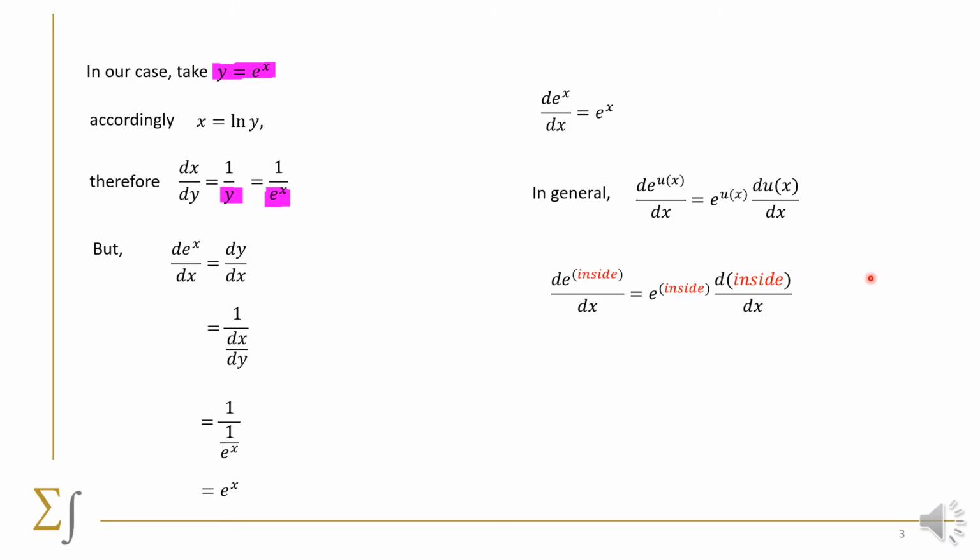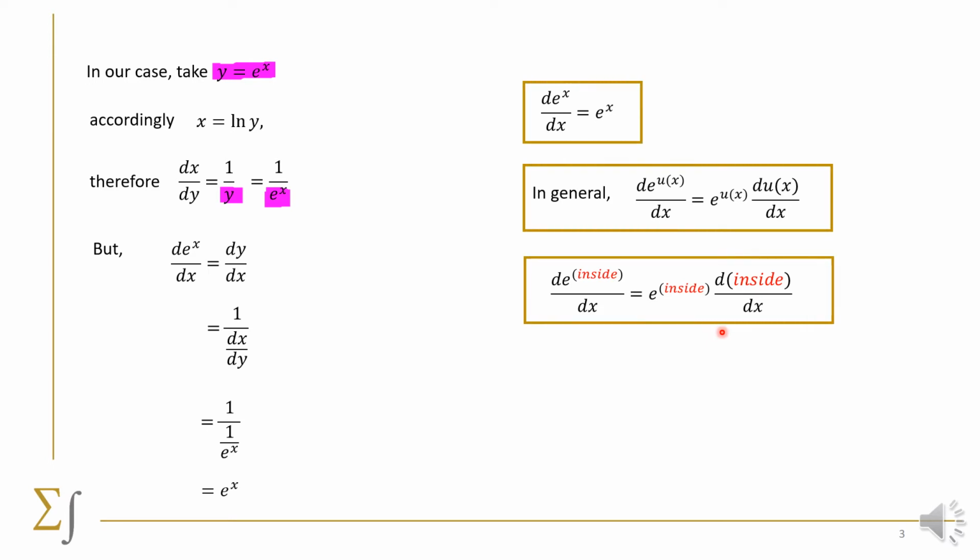Let's write it with the word inside: d of e power inside with respect to dx is equal to e power inside multiplied by the derivative of inside with respect to x. And we move on to examples.